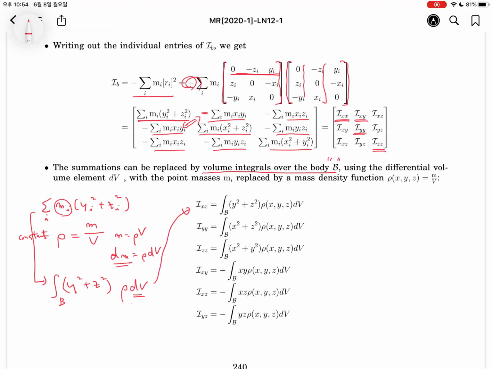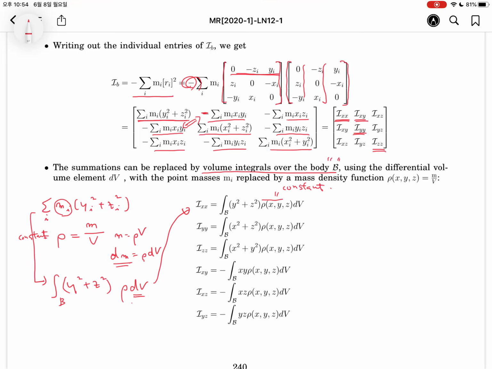So Ixx can be obtained using the integral over the volume of y square plus z square, rho dv. Rho must be constant. If you are using a pneumatic or hydraulic source, we should consider the varying density. It makes the problem difficult. At that time, the inertia is varying.